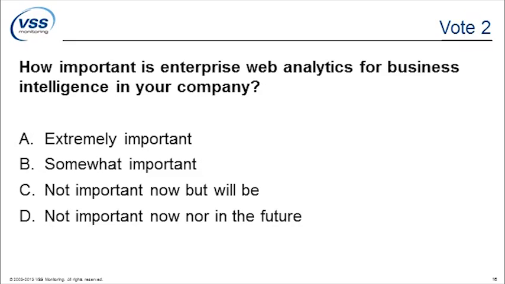When we see people saying it's somewhat important, or not important now but will be, this is not the fault of the people; it's a struggle in some areas to map the useful information you can extract to a real business benefit.